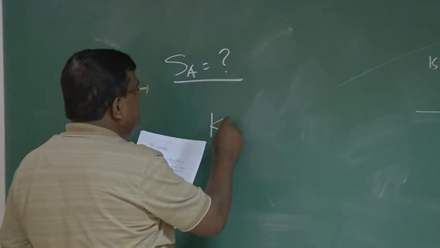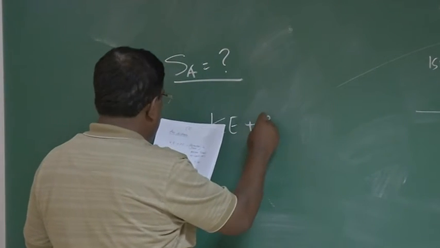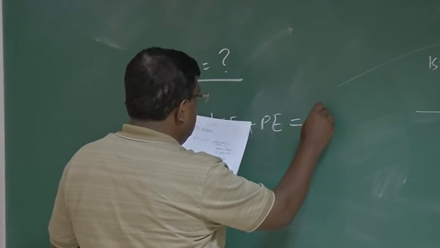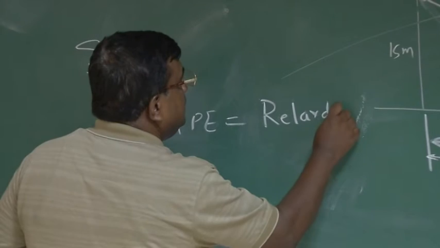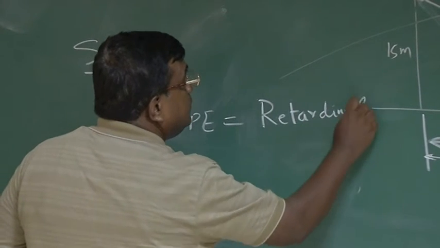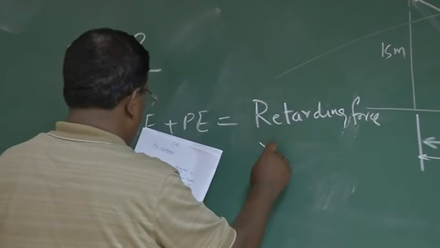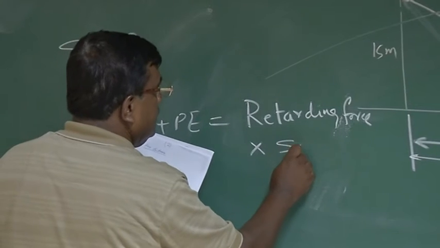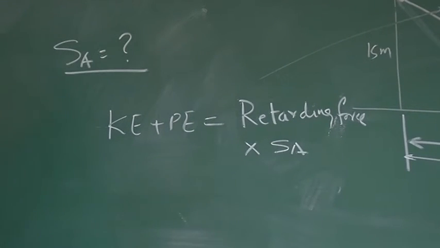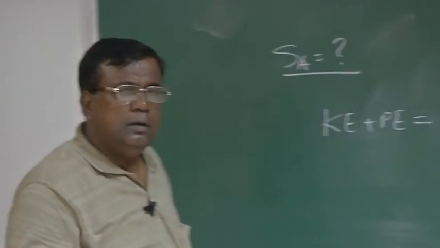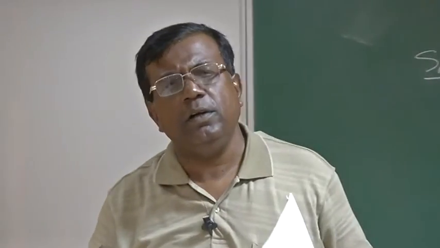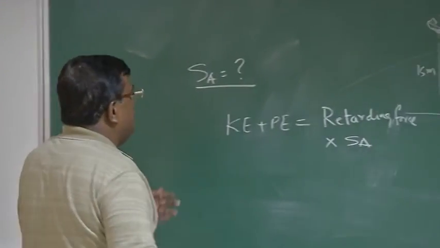The kinetic energy plus potential energy, the total energy, equals the retarding force into distance SA. Very approximate, but it works. It's not that bad an approximation, because you can immediately question me, what is this?